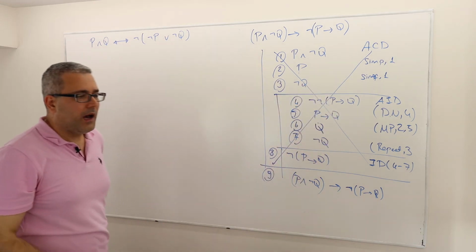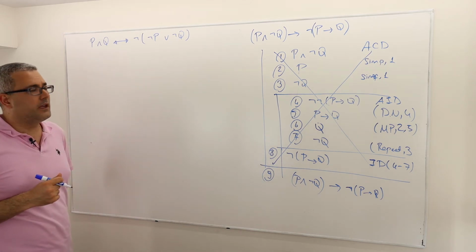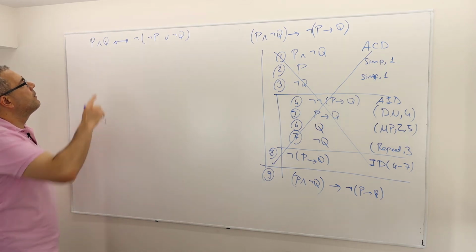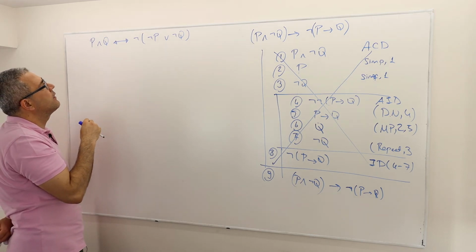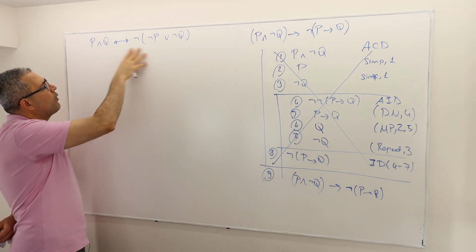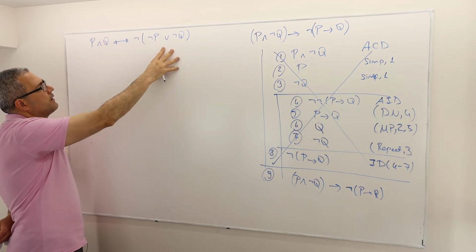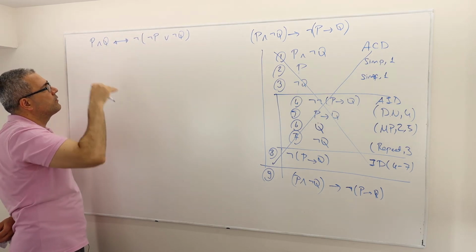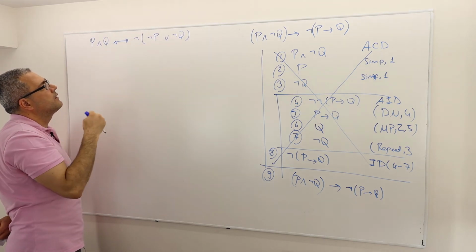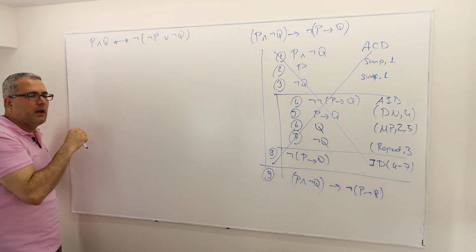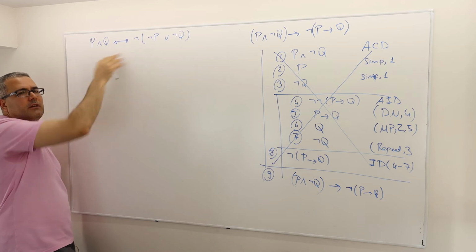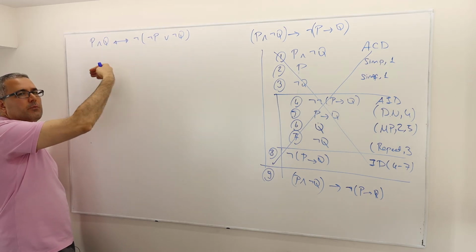So how do we prove if and only if statements? Simple. Because the if and only if statements, or the equivalence statements, go both ways. So this implies this is true, and this implies this is also true, because they're equivalent. So I basically divide the proof into two parts. In part 1, I show one direction, and in part 2, I show the opposite direction.